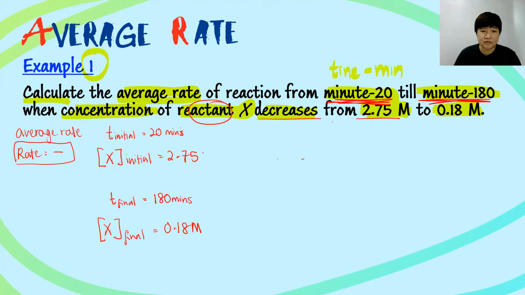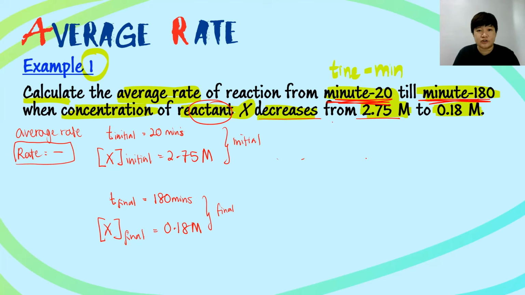So that is the concentration final, because the reactant concentration decreases from 2.75 to 0.18. If you look at the way I write, I group them together for all initial or final. So you can see very clearly, your concentration over time is decreasing. That's why it's a reactant, so the rate must be negative.